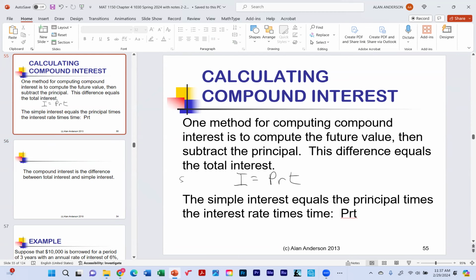Okay, so simple interest, meaning interest on principal. P is our principal. R is our annual rate of interest. And T is time in years.